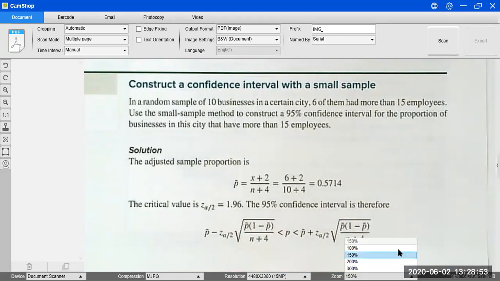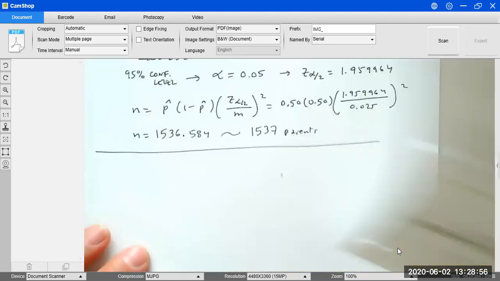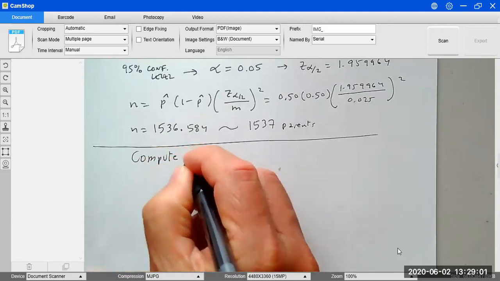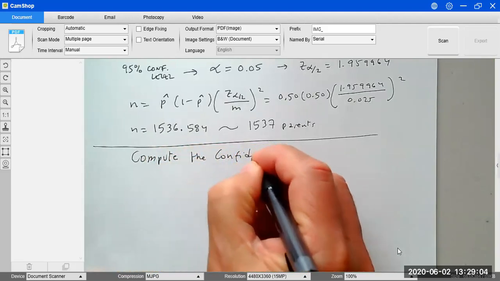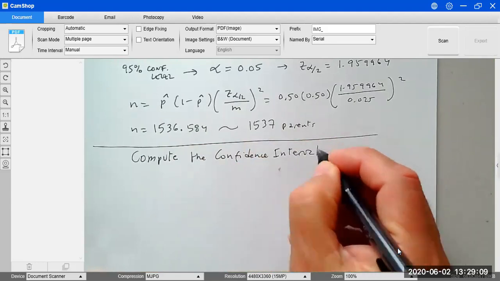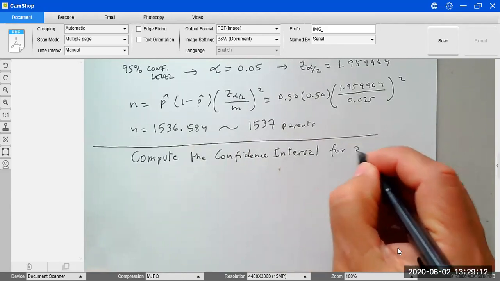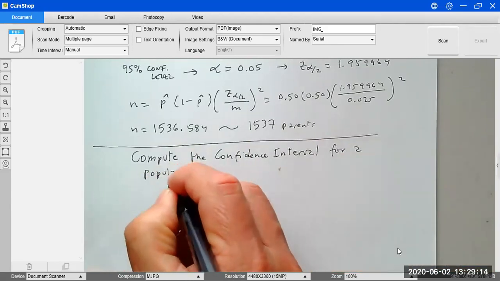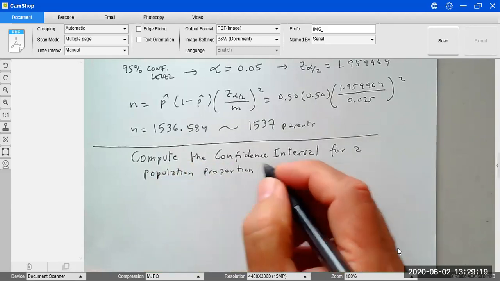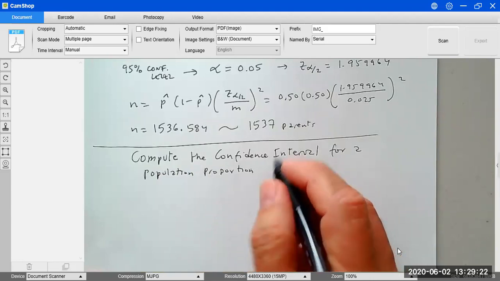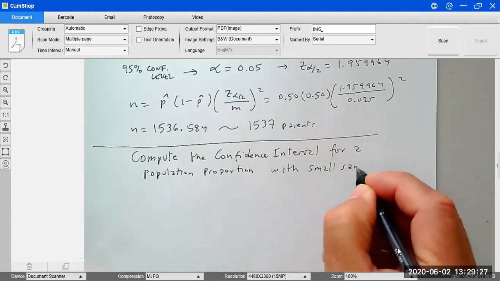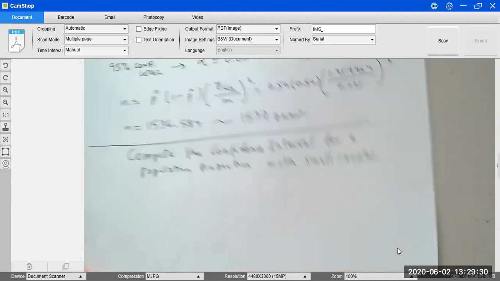So this is our problem. This is to compute the confidence interval for a population proportion with small samples.